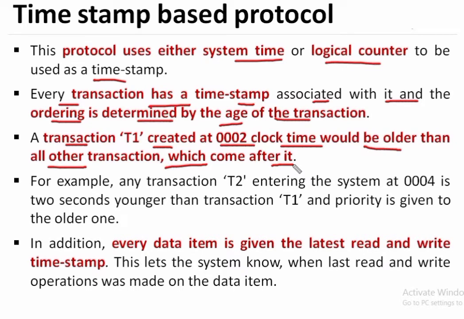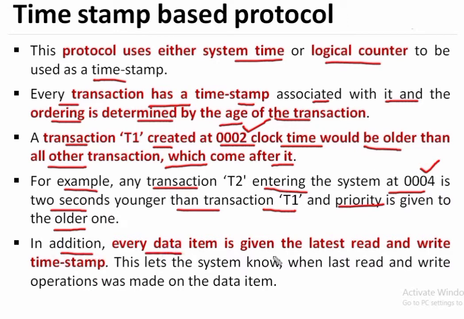Suppose another transaction, T2, is created at clock time 0005 or 6, that means it is newer, and our T1 transaction, created at clock time 0002, is older. So for example, any transaction T2 entering the system at time 0004 is 2 seconds younger than transaction T1, because T1 already started at 0002, and priority is given to the older one. So the T1 transaction gets higher priority compared to the T2 transaction.